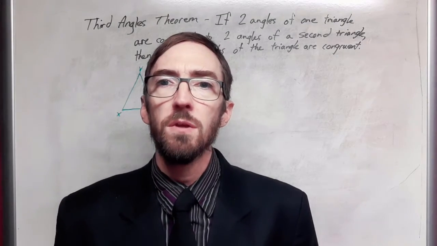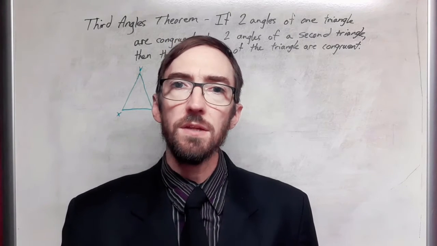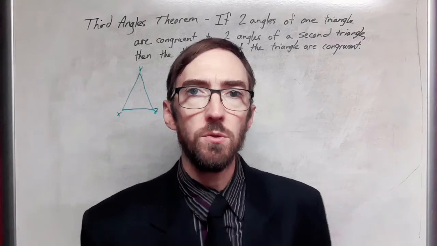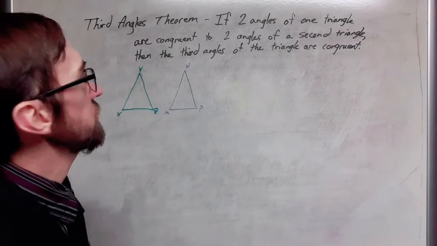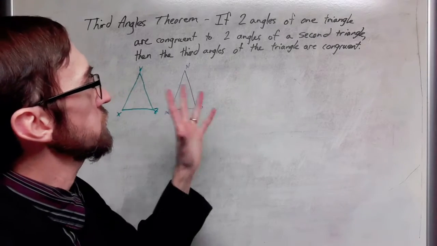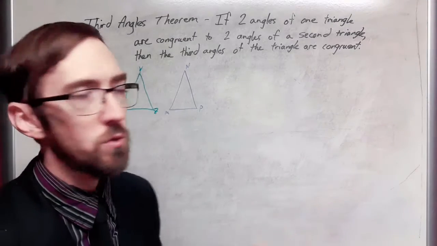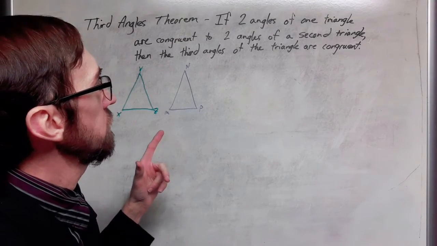For a short time, we will focus on looking at a theorem that just looks at corresponding angles. We have the Third Angles Theorem here, which tells us that if we have two angles of one triangle congruent to two angles of a second triangle, then the third angles are congruent.